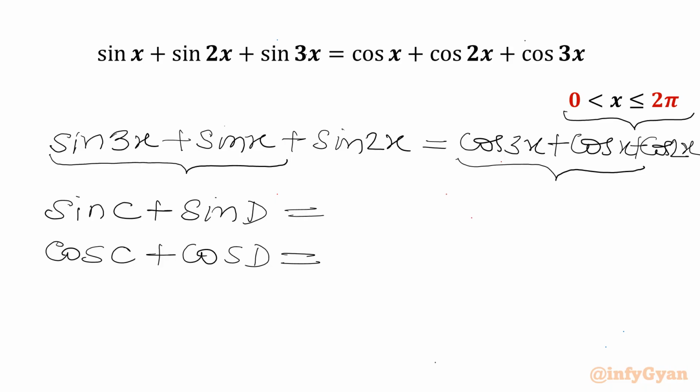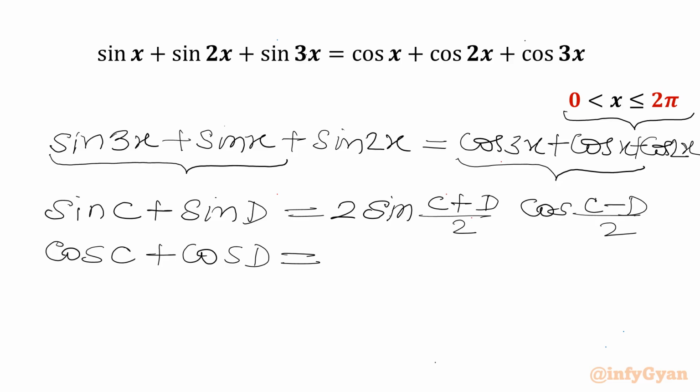Let's write the formula first. Sin C plus sin D is 2 sin of C plus D over 2 times cos of C minus D over 2. And cos C plus cos D is 2 cos of C plus D over 2 times cos of C minus D over 2.